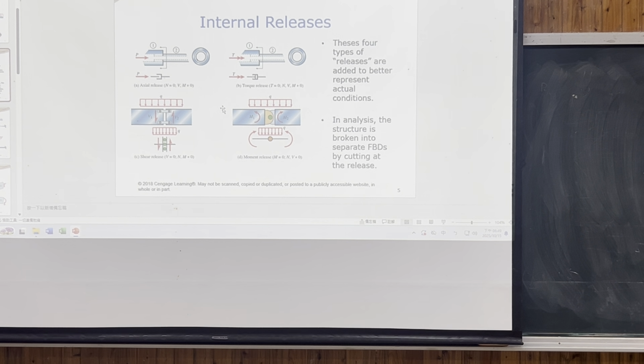The axial release means that the axial or normal force equals 0, and shear and moment are not 0. It means there's no axial force. And the torque release is the same concept. The torque equals 0, but the axial loading, the shear, and the moment are not 0. So there are four of them: axial release, torque release, shear release, and moment release.